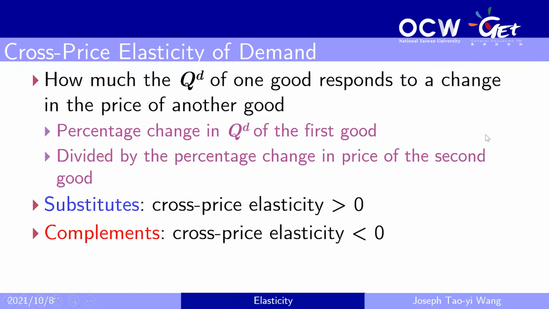For substitutes, cross-price elasticity is positive. When the price of a substitute goes up, quantity demanded for this good would also go up. For complements, cross-price elasticity is negative. When the price of a complement goes up, quantity demanded for this good would go down. So up to here are the elasticities of demand.